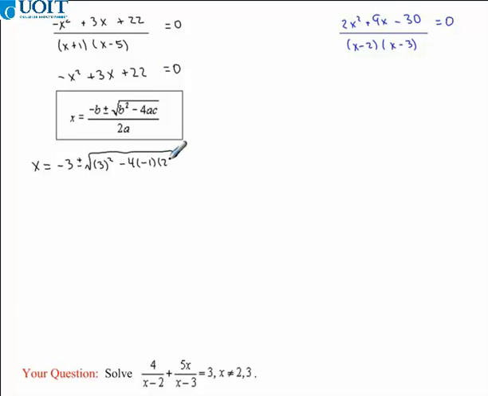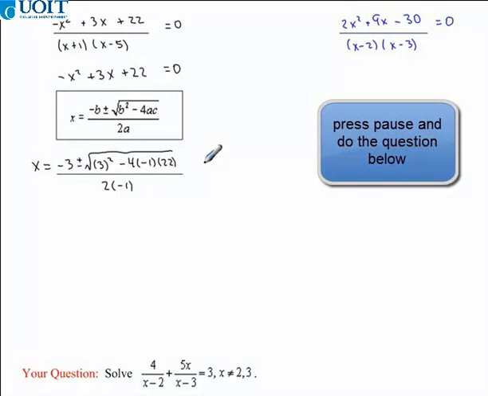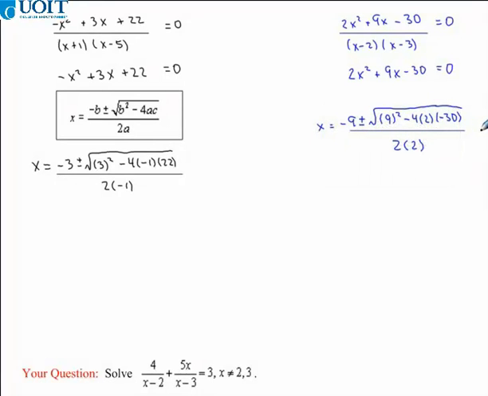So I'm just going to write 22. And this is all over 2 times our a, which is negative 1. I would now like you to try doing this step with the question you are given. Here's the answer you should have got.